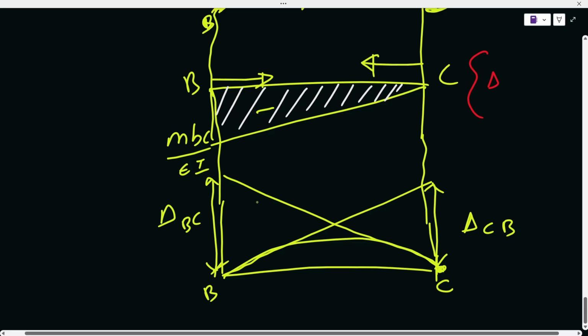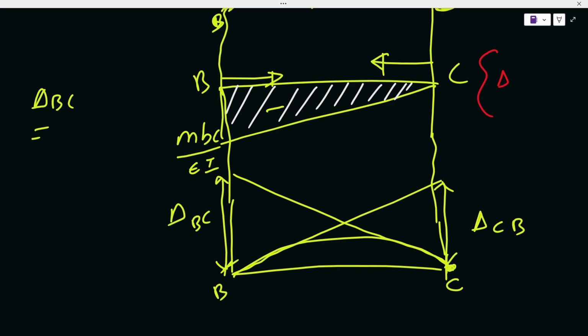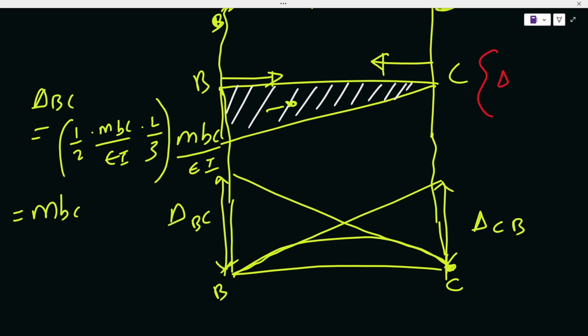So for delta BC, I'll be having my moment of area as 1 over 2 MBC over EI times L over 3, because it is about B, so the centroid will be somewhere here. So this will give me MBC L square over 6EI.